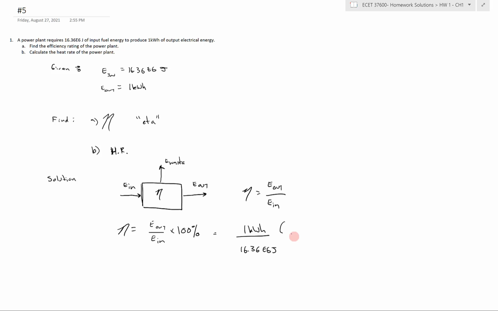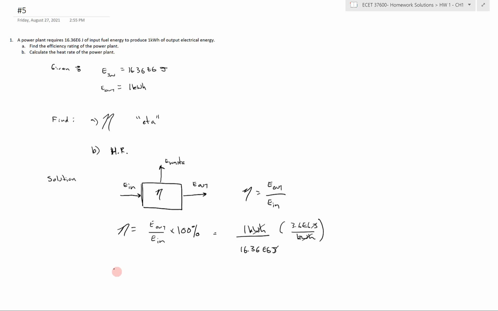I'm going to go ahead and say that there are 3.6 times 10 to the 6 joules in every kWh. If I throw that in the numerator, we can see kWh cancels and joules cancel. Now we get no units, which is good because efficiencies shouldn't have units in them, right? It's a fraction, so the units are going to cancel.